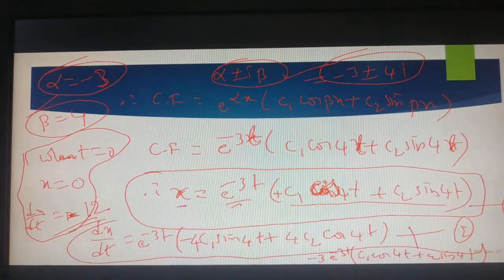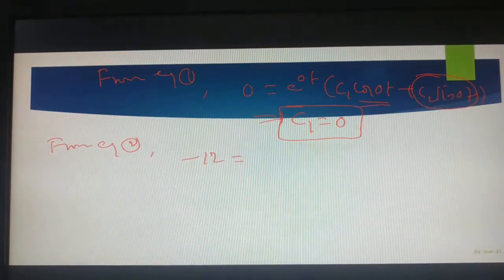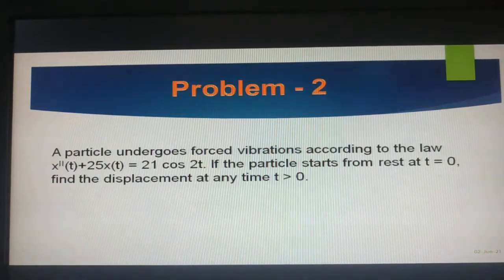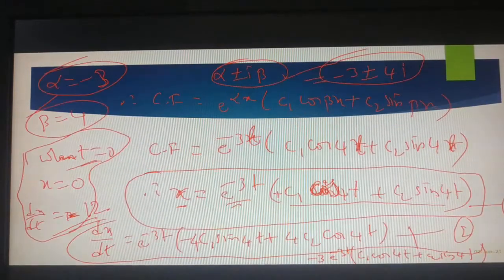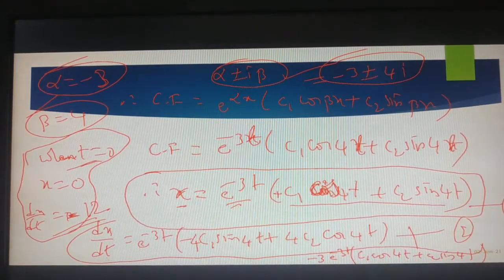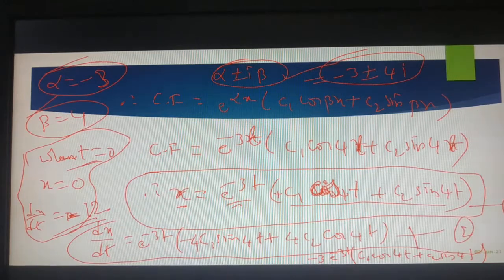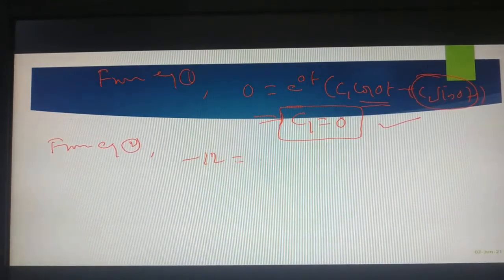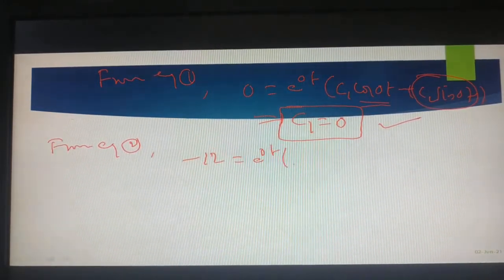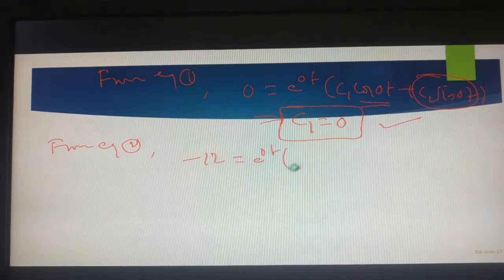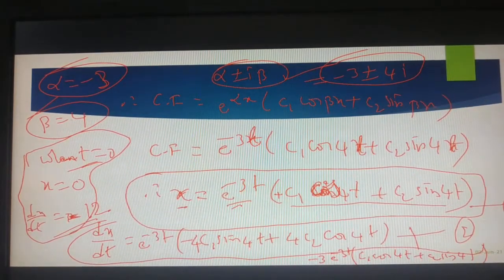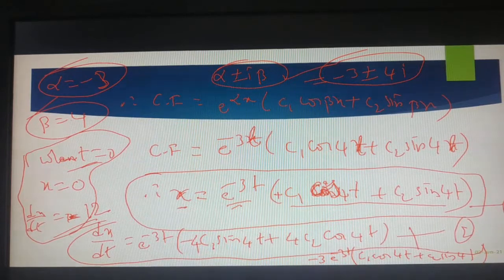Now applied the first condition: when x is equal to 0, t value is 0. When time t equals 0, x is 0. From that we got c1. So next, dx by dt value is minus 12 when t is equal to 0. So e power 0t, okay, directly we can substitute: minus 4 times, so this term is going to be 0.